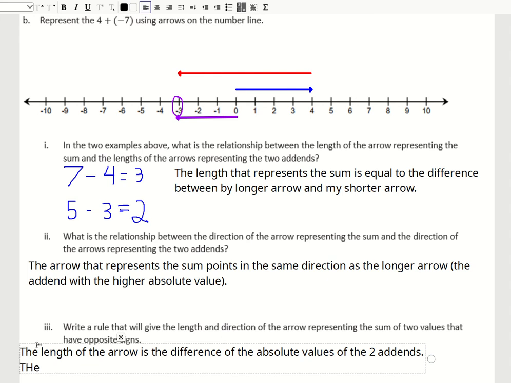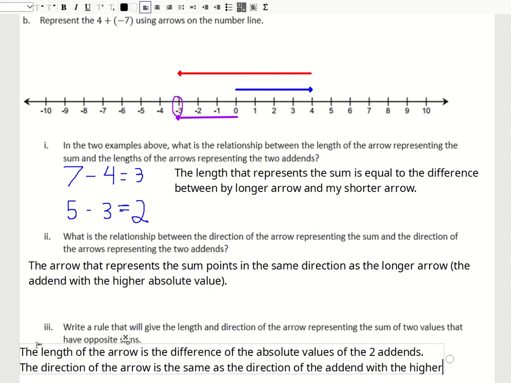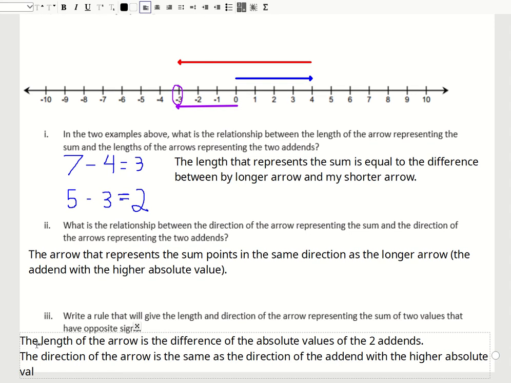And the direction of the arrow, the direction of the arrow of the sum, but I'm going to leave that out, is the same as the direction of the addend with the higher absolute value.